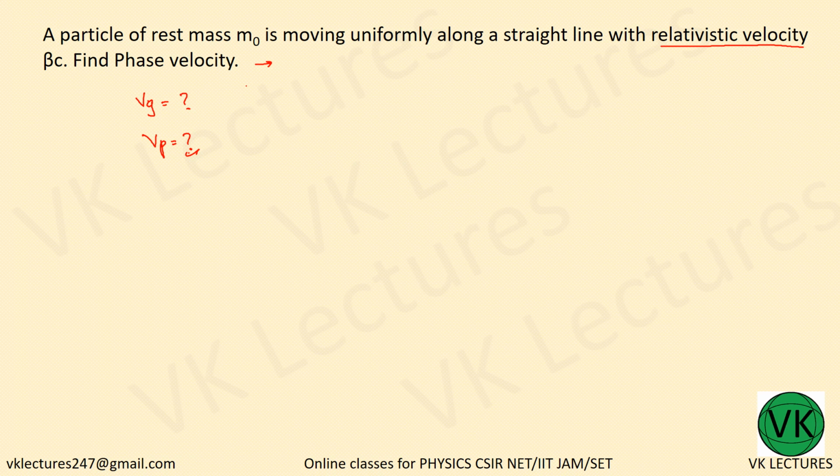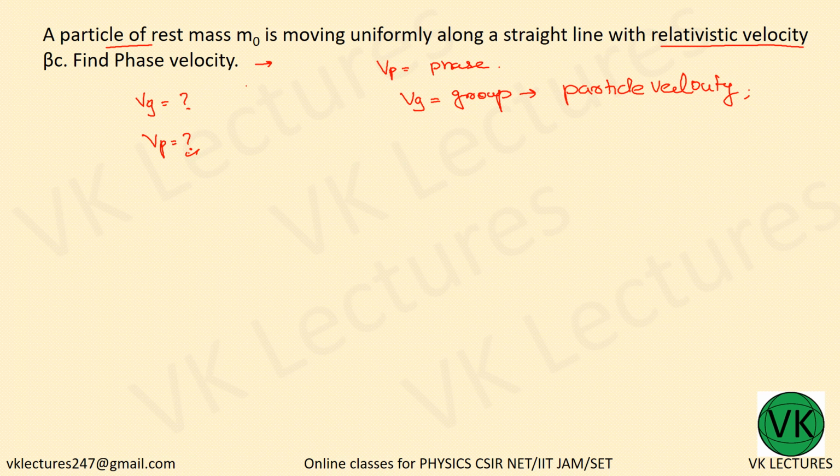Vp is the phase velocity, Vg is the group velocity. Group velocity is also called particle velocity, the group of waves.